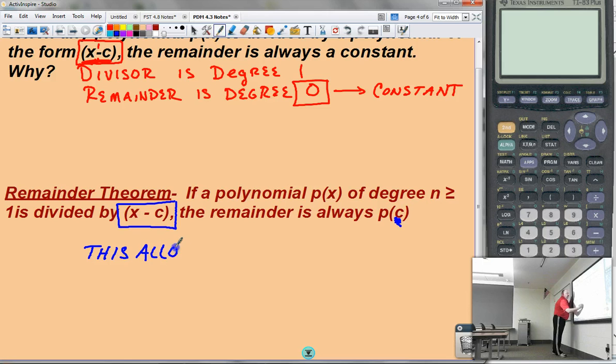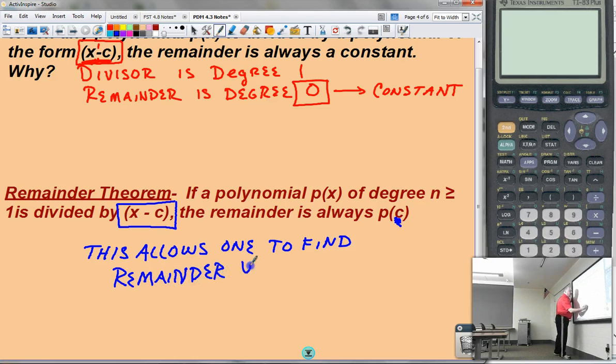This allows us to find a remainder without, okay, W/O, without going through long division.